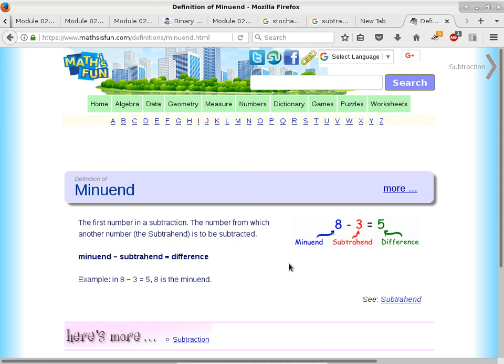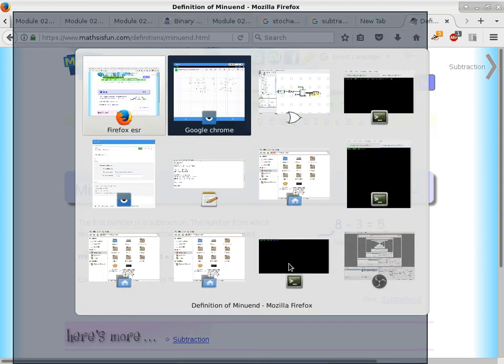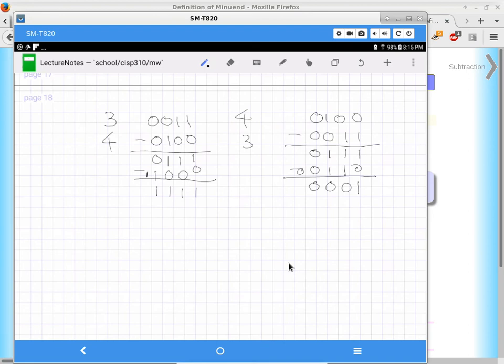Okay, so getting back to my notes then. I'm claiming that this borrow flag is a 1 if and only if the minuend is less than the subtrahend. Okay, let me put it in writing.